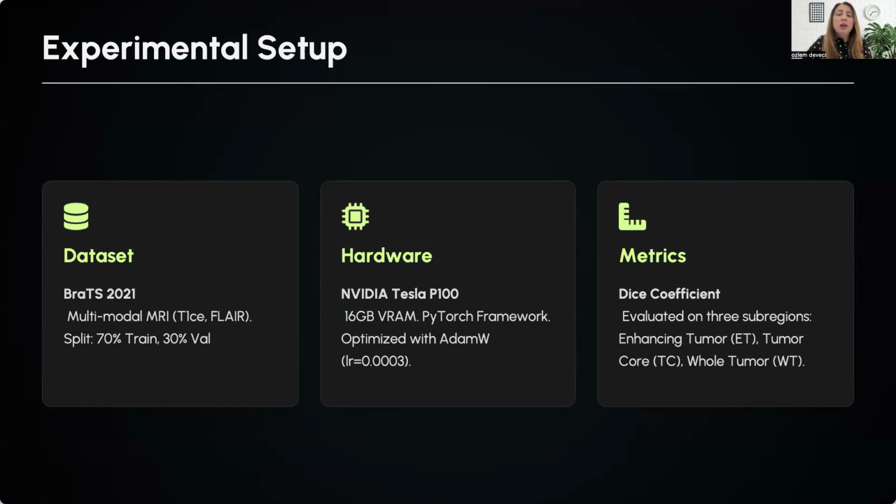I used the Adam optimizer with a learning rate of 0.003. My primary evaluation metric was the Dice coefficient, calculated separately for the enhancing tumor, tumor core, and whole tumor.